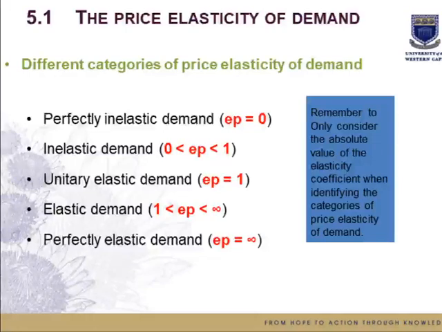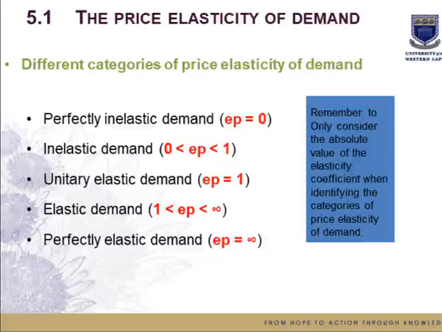Inelastic demand, where the elasticity coefficient lies between 0 and 1. 3. Unitary elastic demand, where the elasticity coefficient is equal to 1. 4. Elastic demand, where the elasticity coefficient lies between 1 and less than infinity. 5. Perfectly elastic demand, where the elasticity coefficient is equal to infinity.